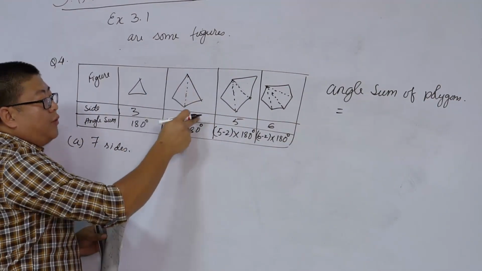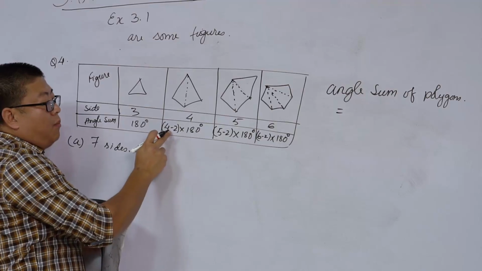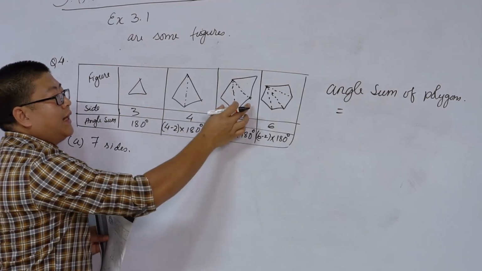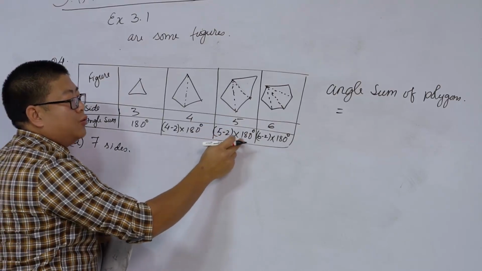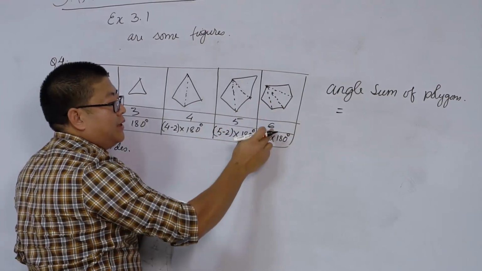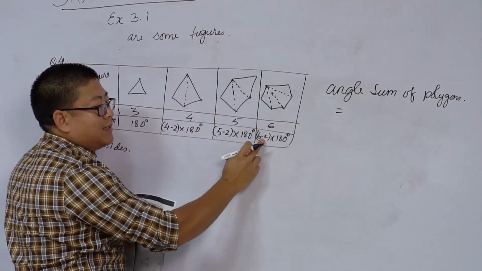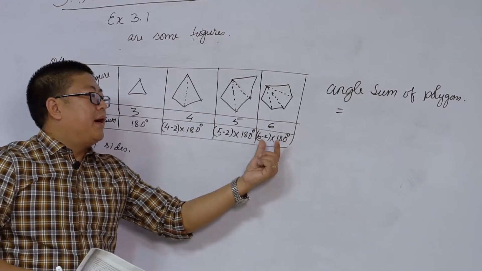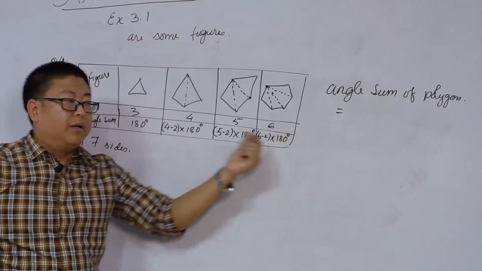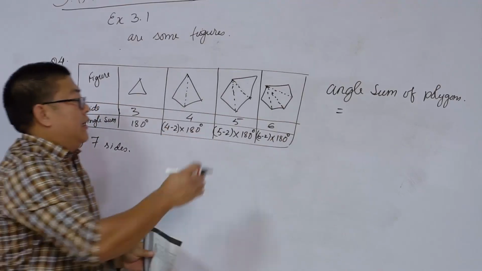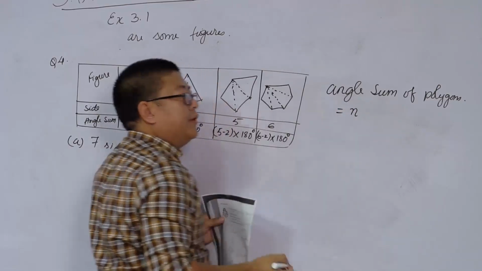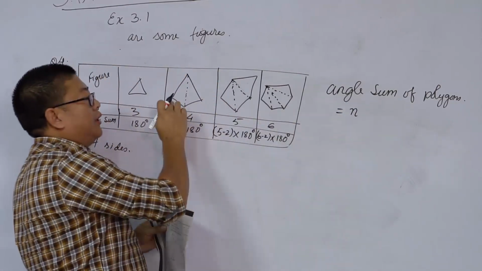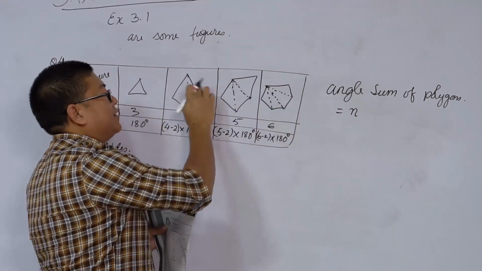For a quadrilateral, 4 sides, it's given 4 minus 2 into 180. If you look at this carefully, there are 5 sides. It is given 5 minus 2 into 180. It is given 6 sides, so 6 minus 2. We can see that minus 2 into 180 is repeating everywhere. Similarly, in place of this 4, 5, 6, I'm going to put n. N will denote the number of sides.